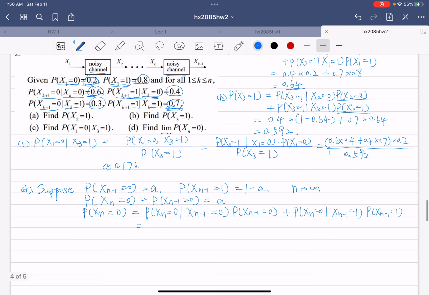From 0 to 0, the probability will be 0.6, and the probability that xn minus 1 equals 0 will be a, plus the probability from 1 to 0, which is 0.3, times 1 minus a, which is 0.3 plus 0.3 times a.